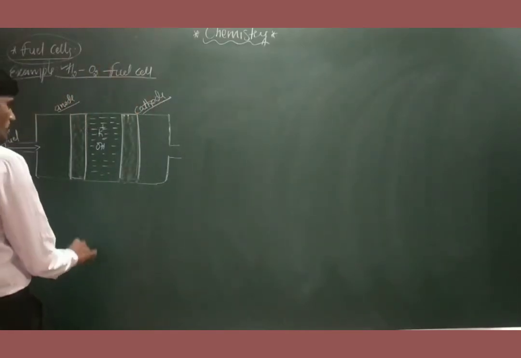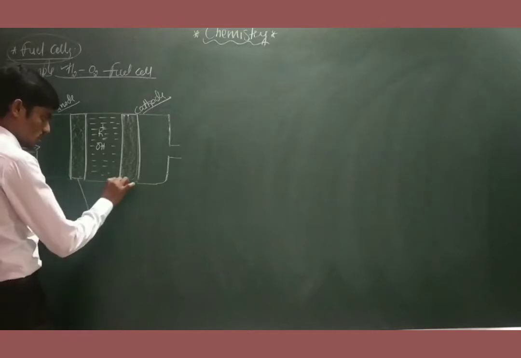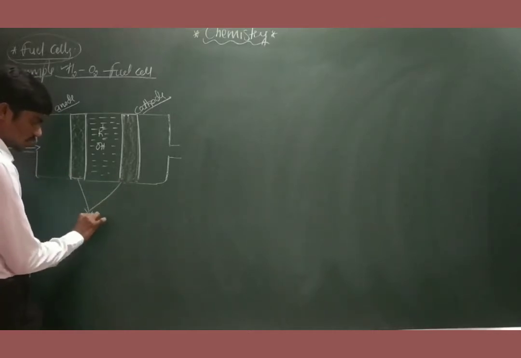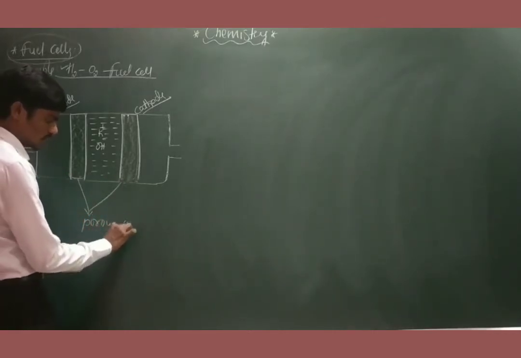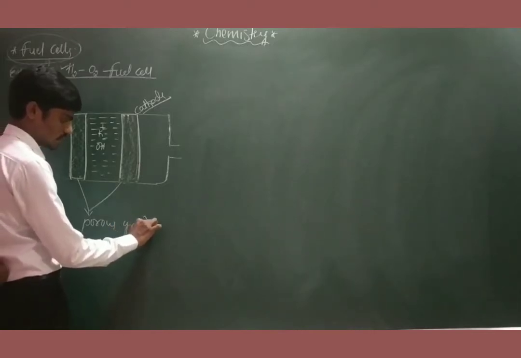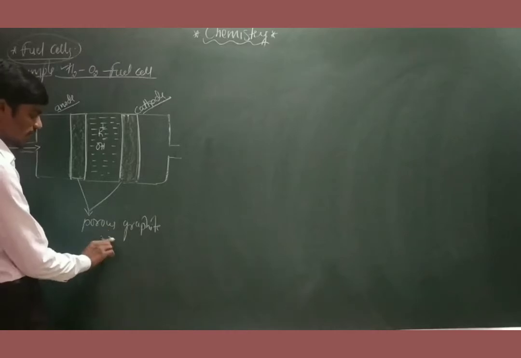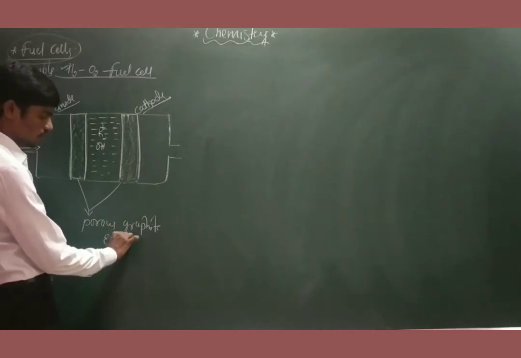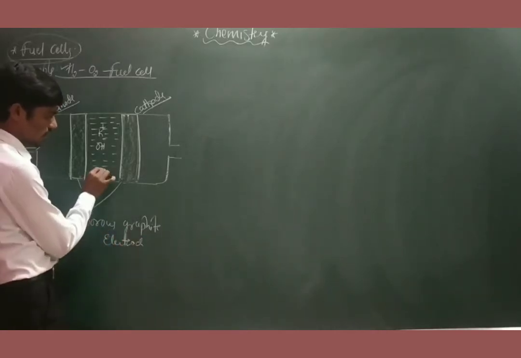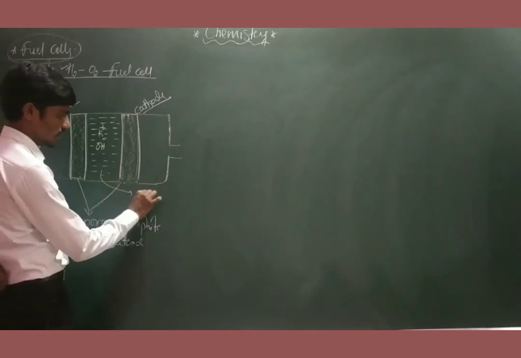Anode and cathode compartments. These two are porous graphite electrodes, and the electrolyte is KOH.